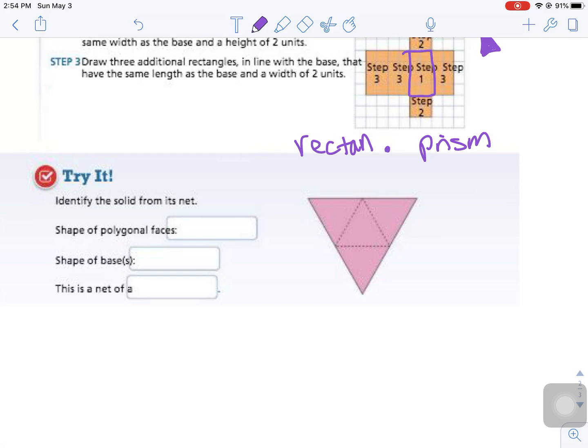So last, here's our net. And I want you guys to name this solid figure using the net. So what would the name here be? So let's break this down. The shape of the faces, I know my faces are the shapes that are not the base. So I know the shape of my faces are triangles.